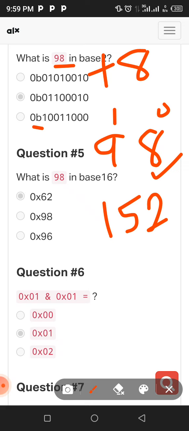Okay, sorry. I'm converting it to base 16, but I've made a mistake, so just permit me to rectify that.